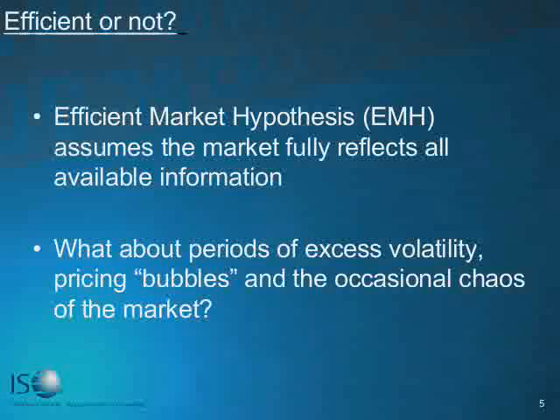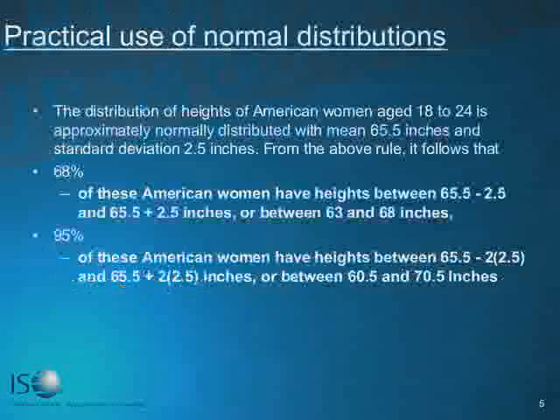Some currencies are up almost 50%. Some are down 80%. In Iceland, we know the currency has devalued quite a bit, so obviously you're going to get periods of excess volatility, bubbles, chaos.